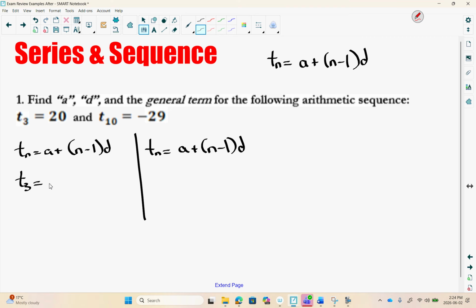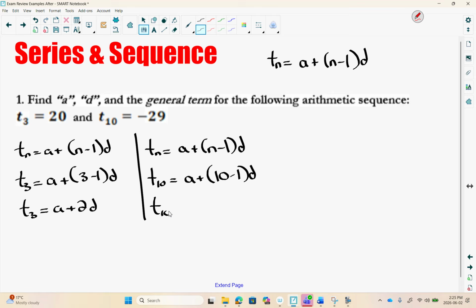So term 3 would be equal to a plus 3 minus 1 times d, or term 3 is going to equal a plus 2d. With this information, I could say that term 10 is equal to a plus 10 minus 1 times d, or term 10 is equal to a plus 9d. So I replace the n's with a 3, and I replace the n's with a 10.